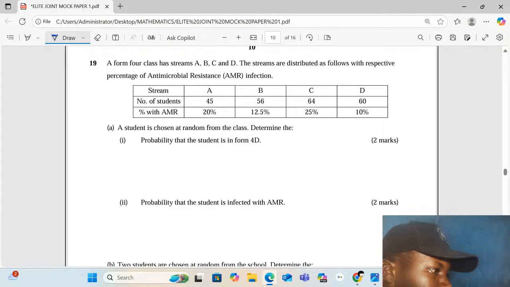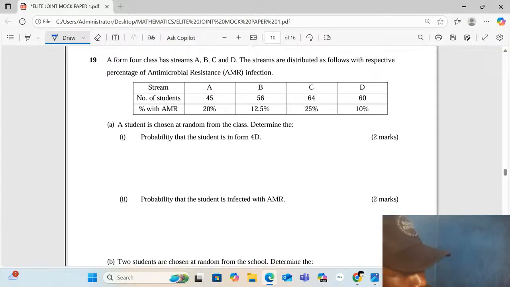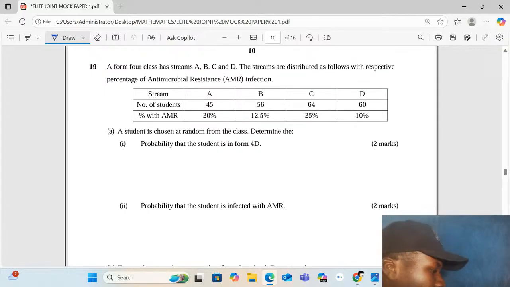Okay, number 19. It reads, a Form 4 class had streams A, B, C, and D. The streams are distributed as follows with respective percentage of antimicrobial resistance, AMR, infection. So we have those streams A, B, C with the number of students and the percentage with AMR.